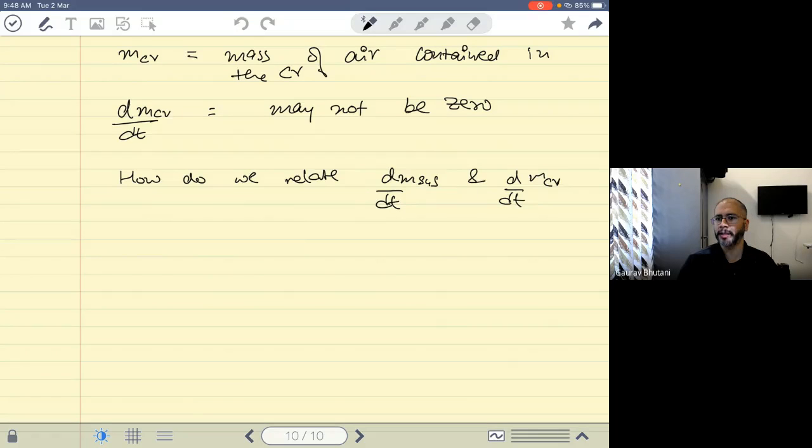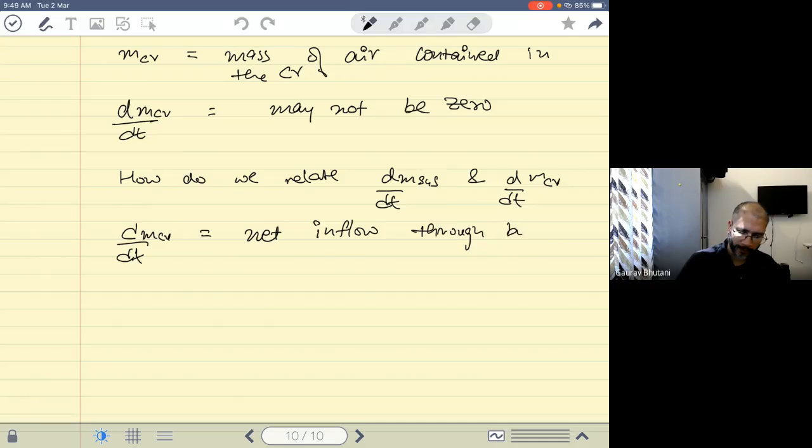So we already know that the d by dt of the mass of the system is 0. So we can easily find that the d by dt of mass of the control volume is simply the net inflow through boundaries. Okay, so this was an example we took to develop some feel for the theorem. We haven't told you what the theorem is.